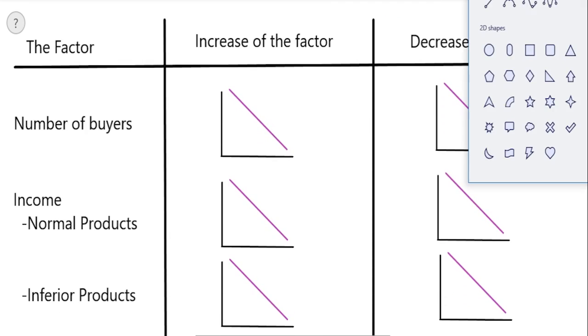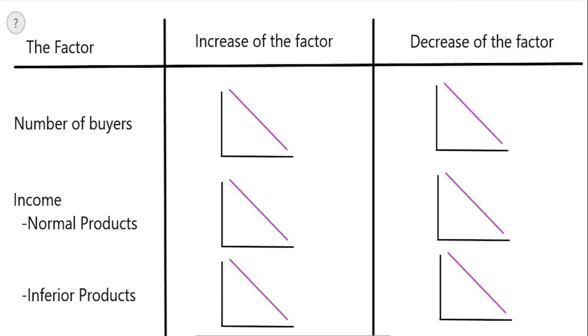Basically, how I set this up is we're going to have the factor over here. Then we're going to take a look at what happens when there's an increase of the factor. And finally, the last section is what happens when there's a decrease of the factor. So let's say our first factor is that the number of buyers increases.